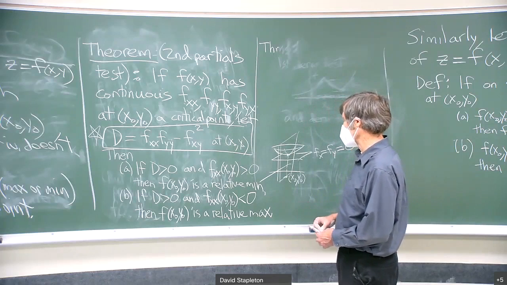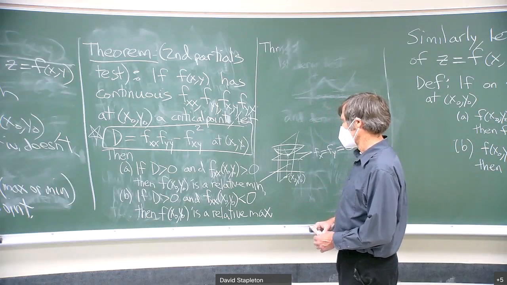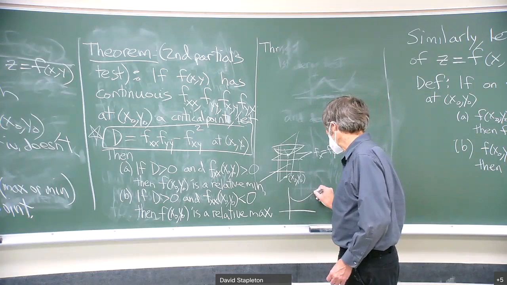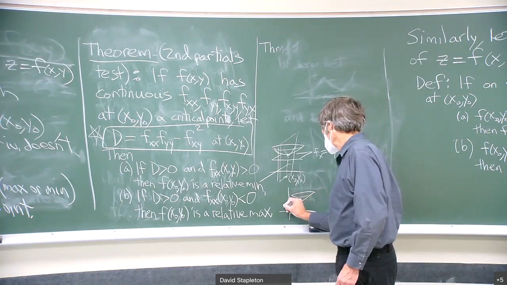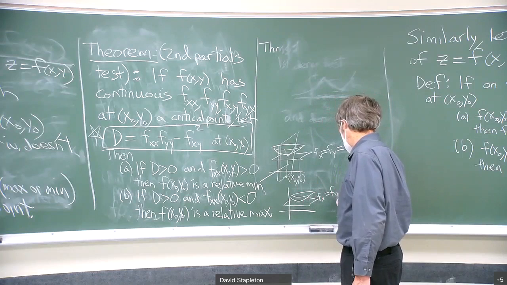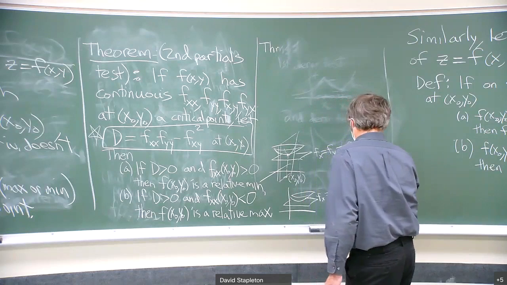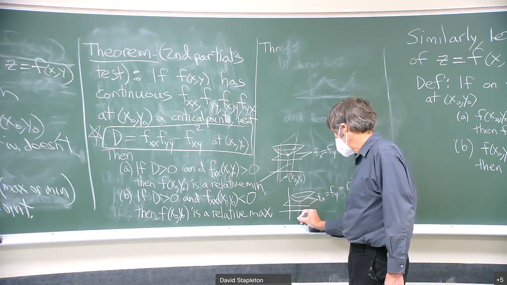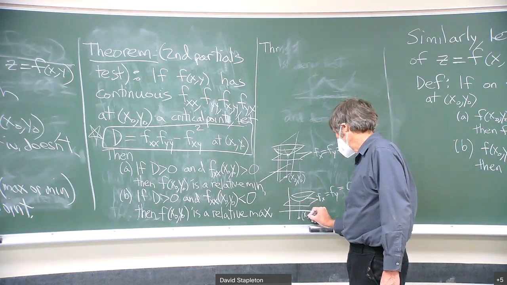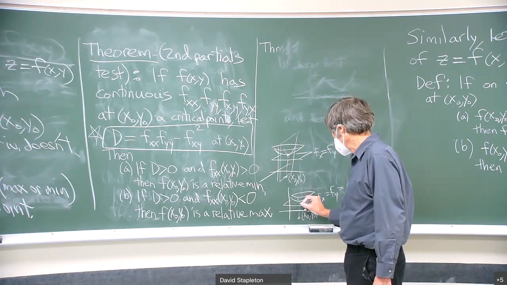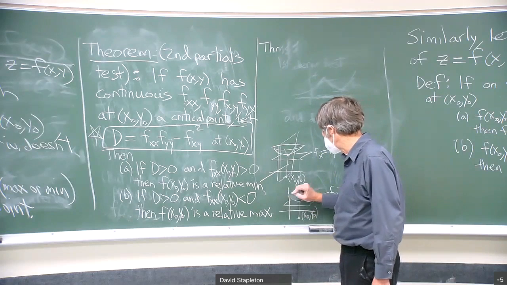With the same reasoning, similarly, got some surface with a horizontal tangent plane, fx equals fy equals 0 at the point. Then I take, oops, I drew it the wrong way, didn't I?